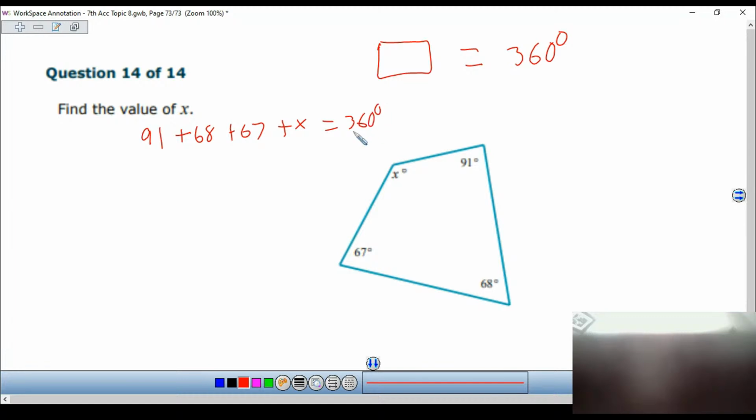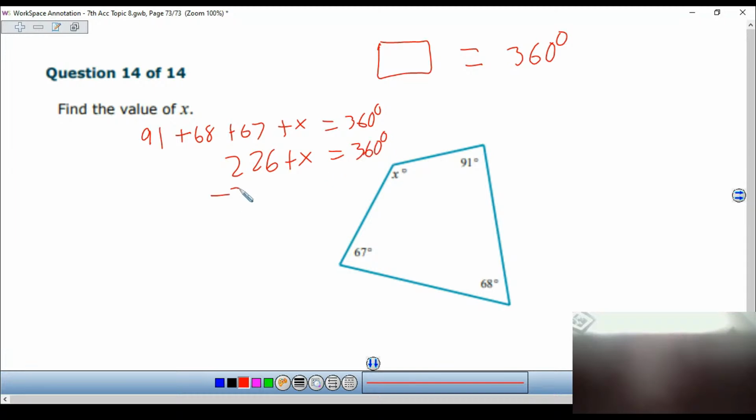Now, all we have to do then is add up those angles, and we'll get our answer. So we have 91 plus 67 plus 68. That gives me 226. So I've got 226 plus x equals 360 degrees.